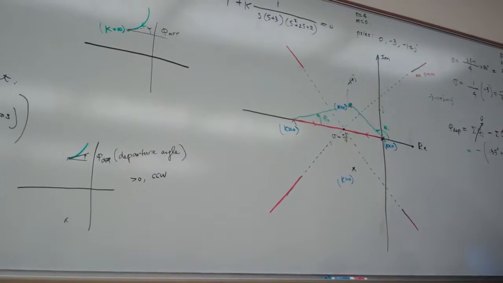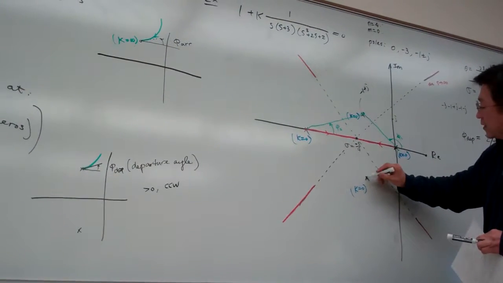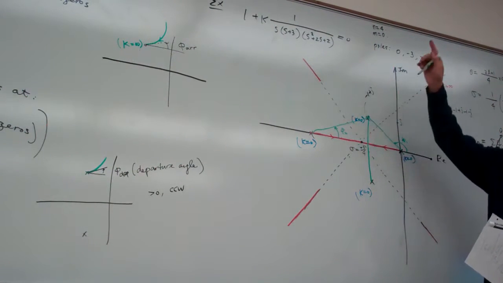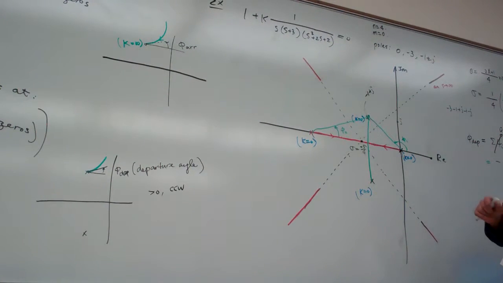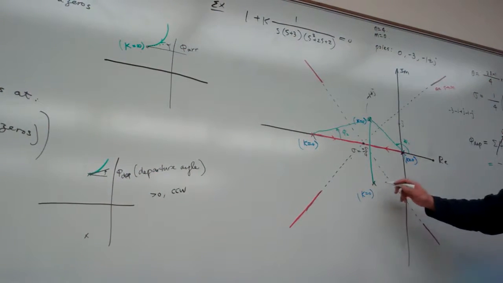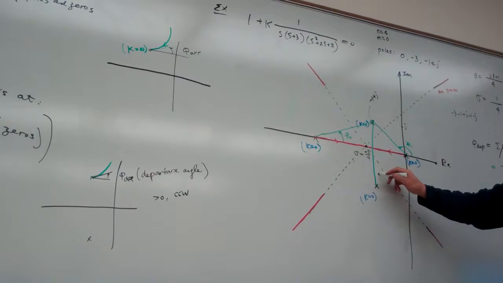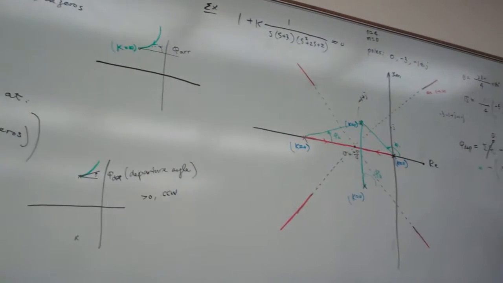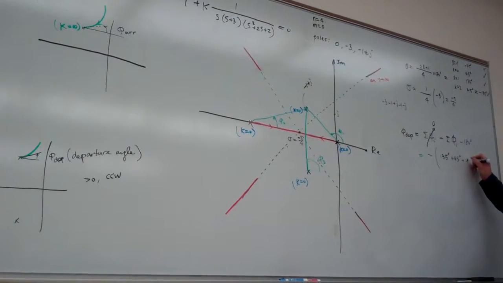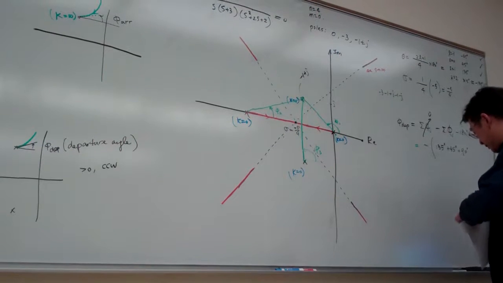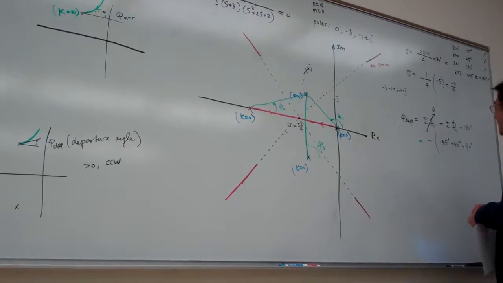Yeah, the third one is 90. Can we always assume that? Always, because that is a complex conjugate, always on the top. So the angle here, phi3, is 90 degrees. Why is phi2 45? Oh, sorry, not 45.